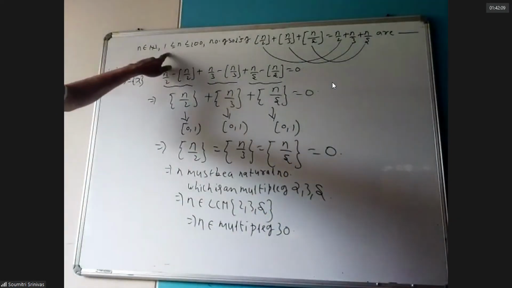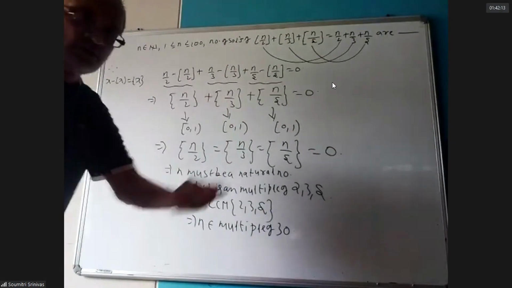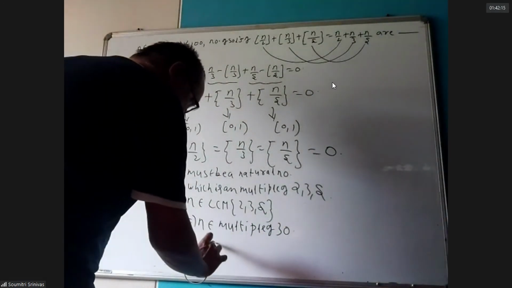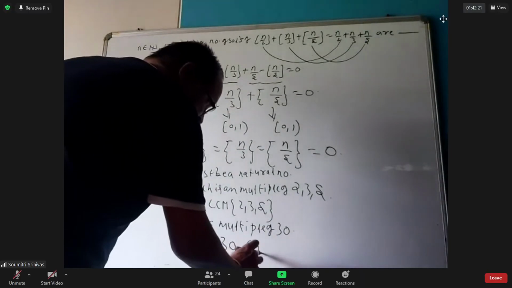How many multiples of 30 do I have between 1 and 100? 3. They are 30, 60, 90.